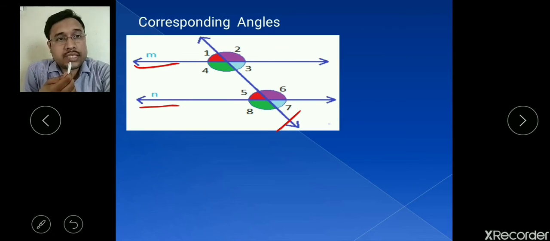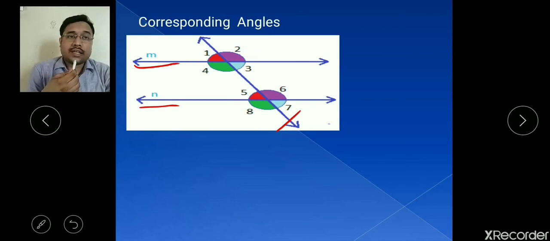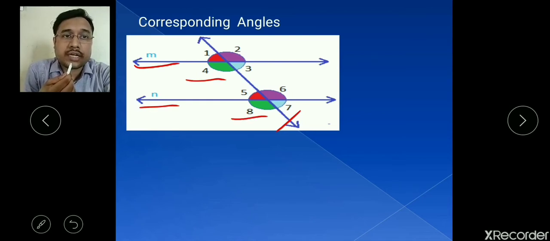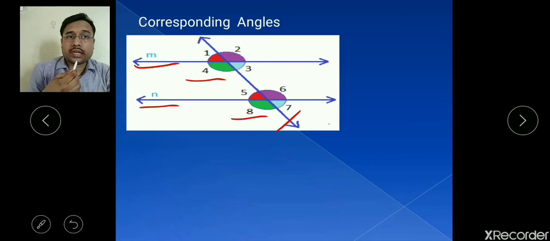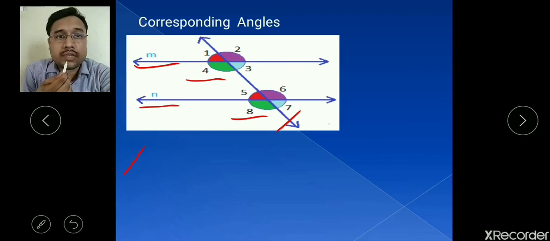Here you can see angle 2 and angle 6 are corresponding angles. I have shown them in the same color. Same way, angle 4 and angle 8 are shown in green color. First understand that they are corresponding angles.